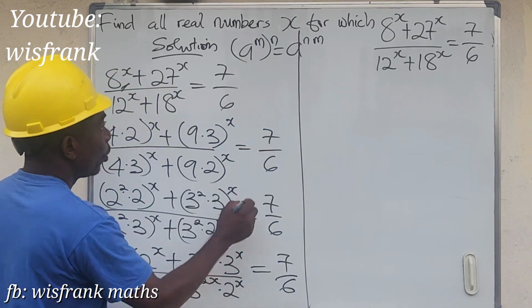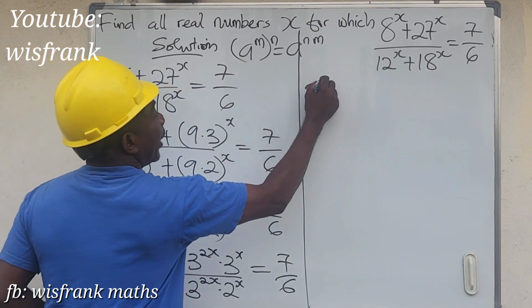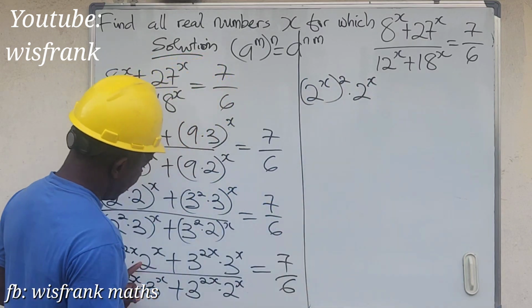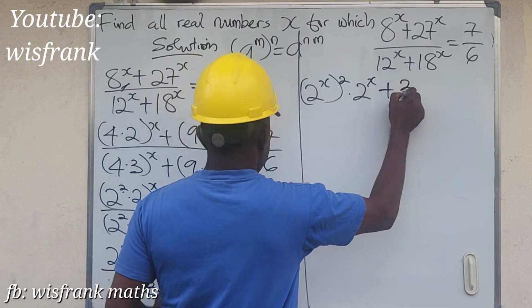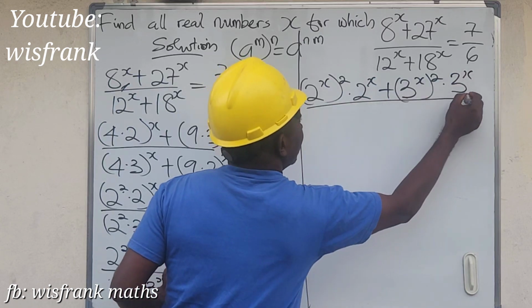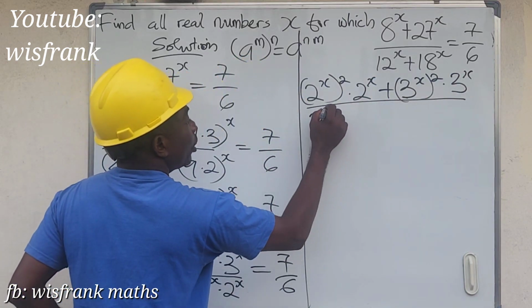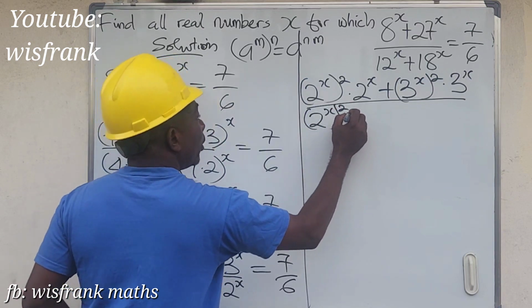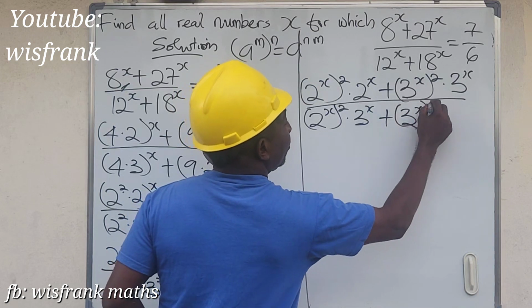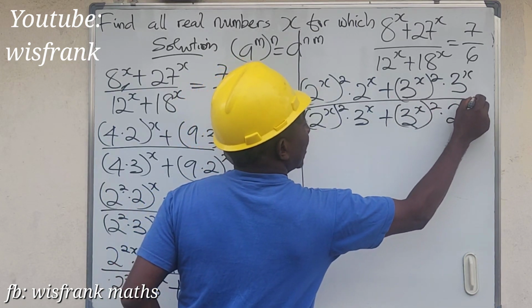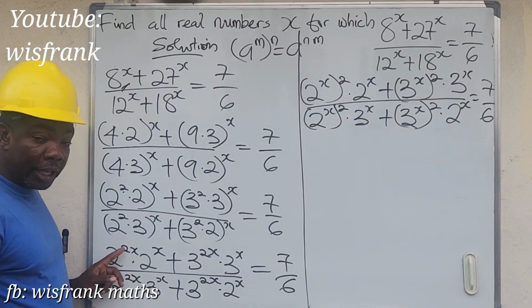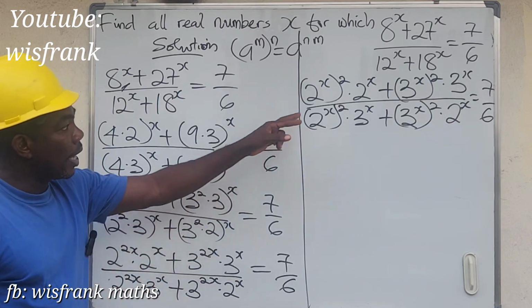So here it becomes (2^x)^2 times 2^x, plus (3^x)^2 times 3^x, all over (2^x)^2 times 3^x, plus (3^x)^2 times 2^x, equals 7/6. Because what we've done is change the order of the exponents, we still have the same value.